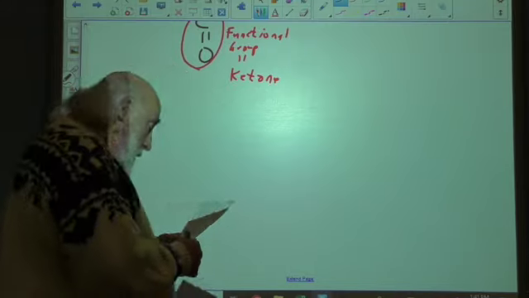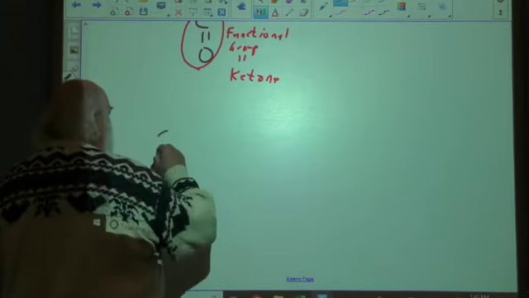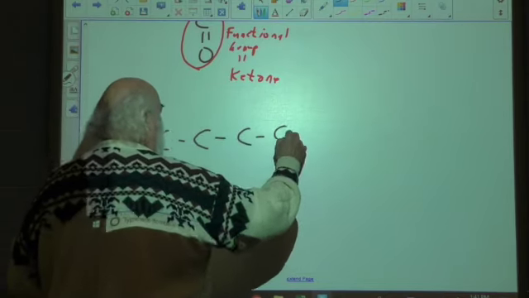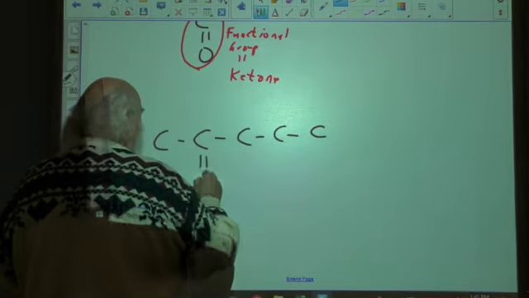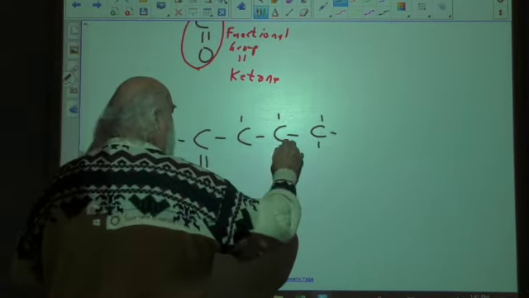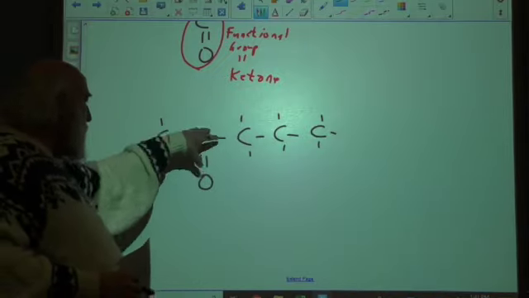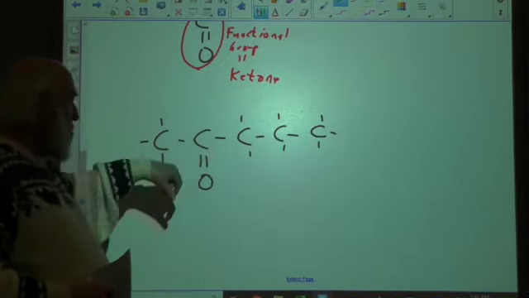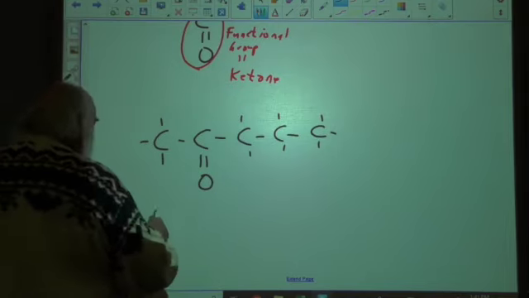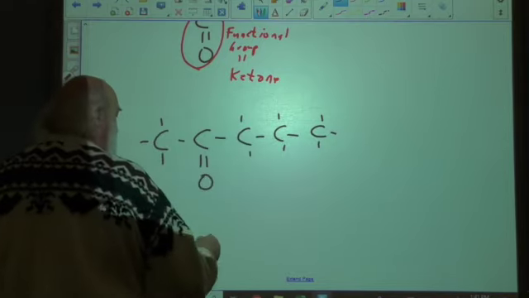All right. Now, when you get up to, say, let's say 5 carbons here, and we're going to put an oxygen right there. This is a ketone because you have two alkyl groups belonging to the carbonyl group. So the IUPAC name, as you can see, with 5 carbons right in a row, is pentanone.